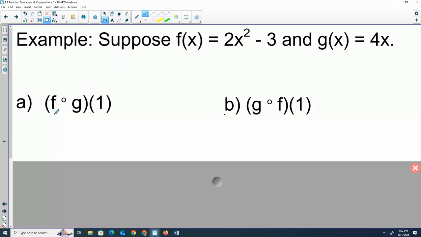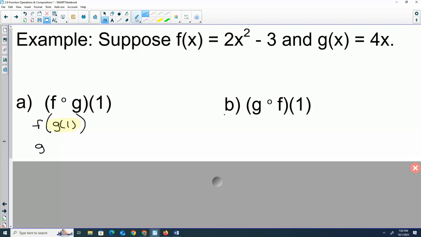If I ask for f composed with g of 1. Remember that little f and g when we were talking about these? Another way it might be written is f parenthesis g parenthesis 1. And on these, you're doing a series of operations. You start on the inside. g of 1.